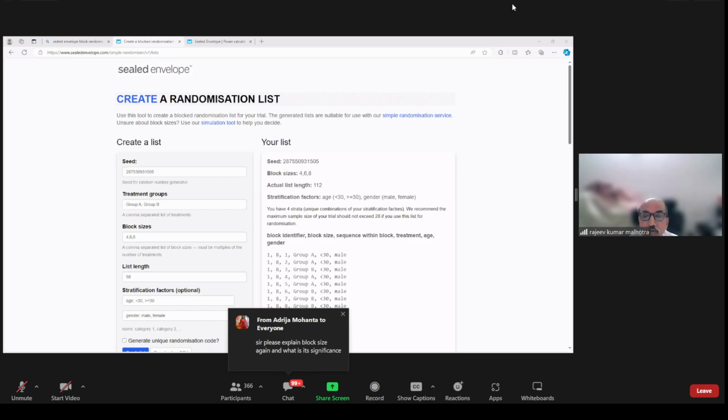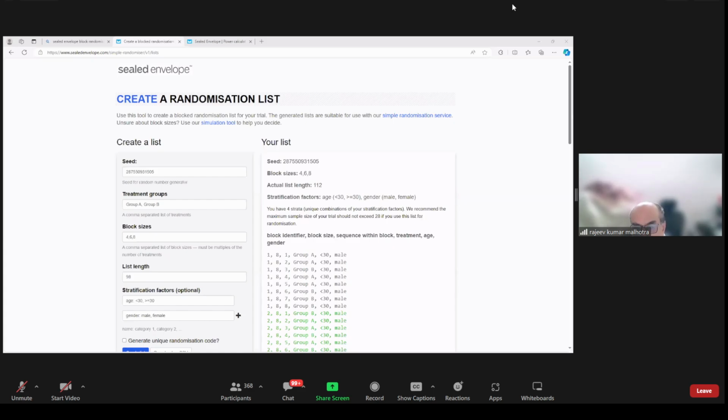If you take too small a sample, the power is inadequate. If you take too large a sample, you are unnecessarily exposing patients to toxicity. That is the ethical issue for calculating the sample size.